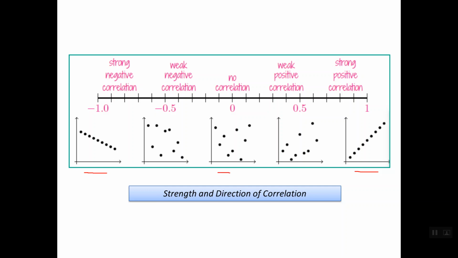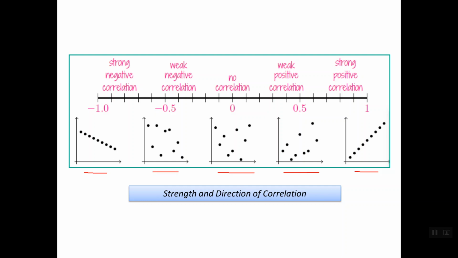Sometimes we conclude that there is no relationship between the two variables. So in this case, we have no correlation, and the value of the correlation coefficient is 0. And sometimes we have a moderate correlation. Here we have a weak positive correlation, and the value of the correlation here is 0.5, and it is positive.